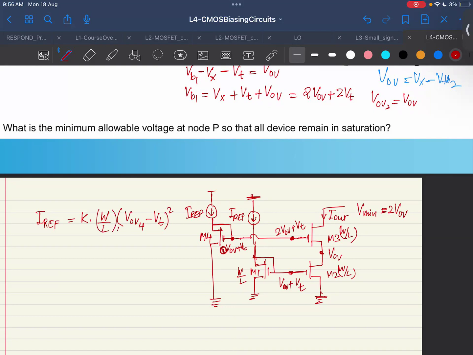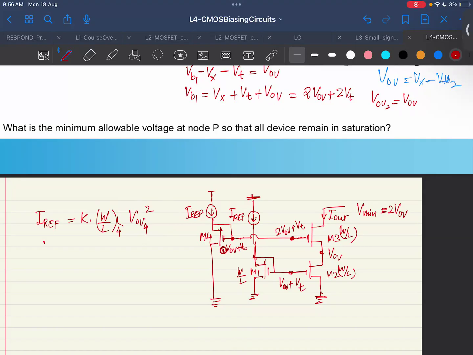And what I need this to be equal to, obviously, is this I out, whatever is flowing here, but this is not VOV plus VT, this is just VOV4 square, right?